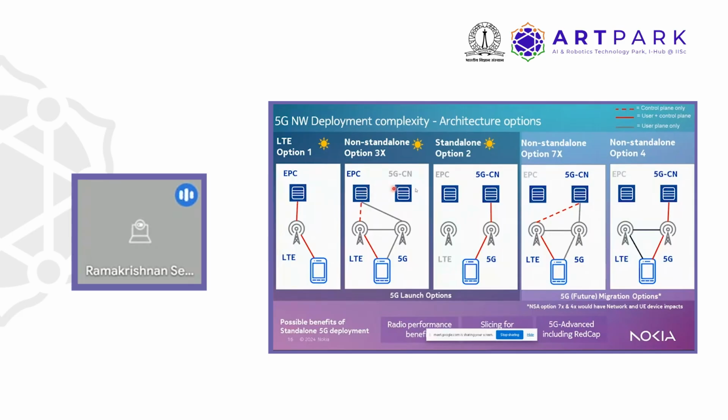They could go for a 5G core network and then move all their existing LTE infrastructure also onto 5G. So they could transition from 3X to 7X or from 3X to 4. Both options are possible. Right?